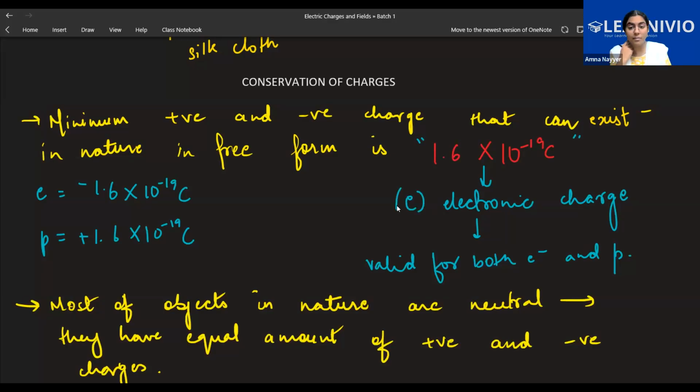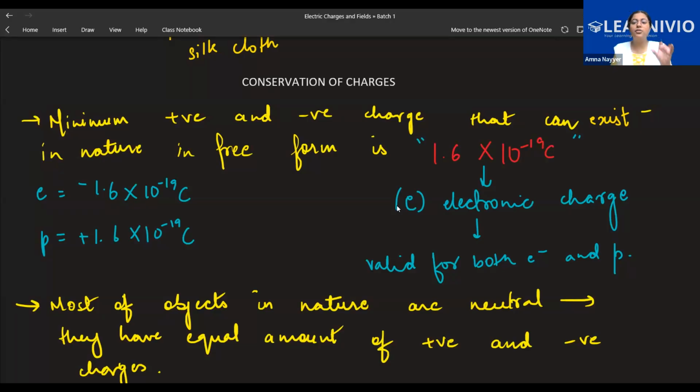Please remember this value because it won't be mentioned anywhere, and you will be using it the way you use the value of pi, 3.14. The question does not tell it, but you already know it by yourself. This is a value that will be used in your entire electrostatics: 1.6 into 10 to the power minus 19 coulombs.